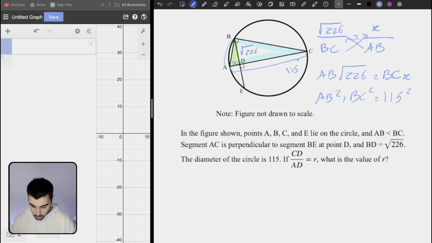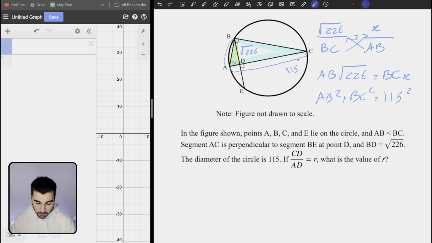And I need to make up another equation maybe. Because we have three variables, AB, BC, and X, we need three equations. So the number of equations in the system of equations should be the same as the number of the variables. So I need another equation here. So I have first one, second one. Let's write the third one as this one.